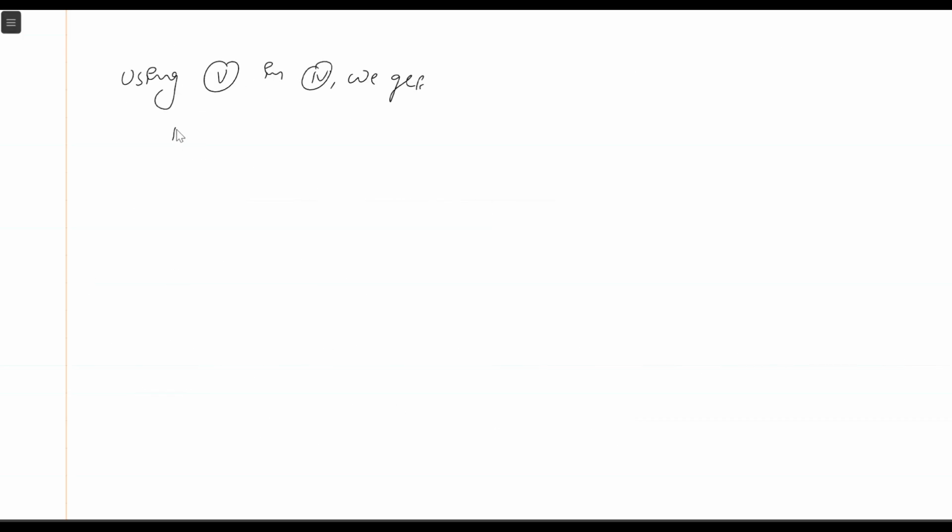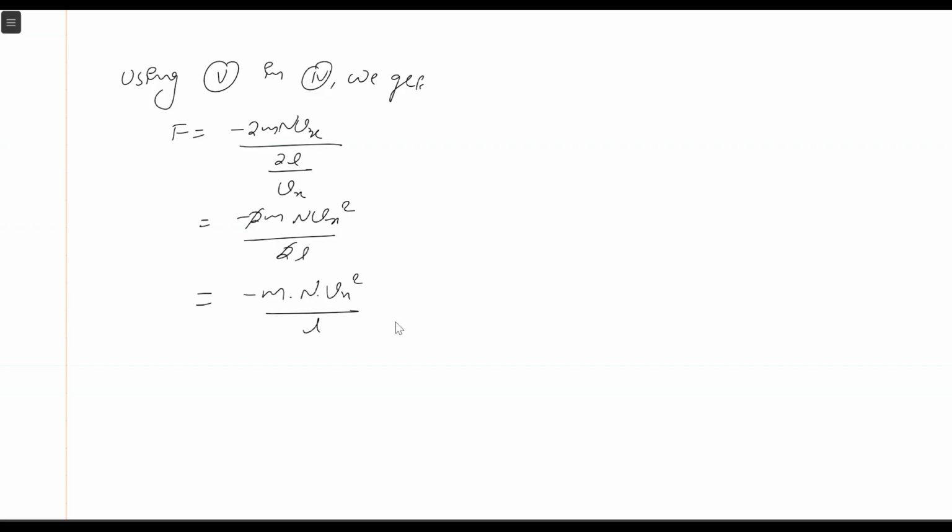T means how much? 2L by Vx. So it is equal to minus 2 mn Vx square by 2L. L will get cancelled, 2 will get cancelled out, and it is minus m into n into Vx square by L. So we get this equation. Let us consider this to be equation number 6.